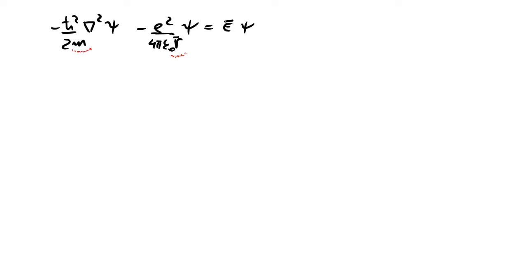I'm also going to use something like, you have this thing here. If you get all these parameters here and you work a little bit with them, you see that they are the same as the Rydberg energy multiplied by the Bohr radius squared. And in this one, if you work a little bit with these parameters, you see that this is the same as 2 times Rydberg times a0.